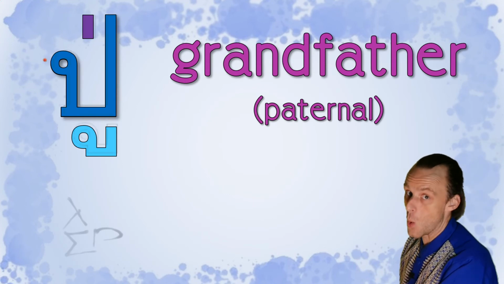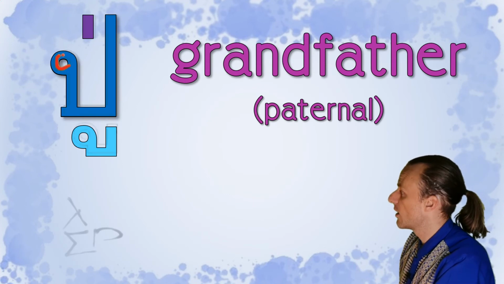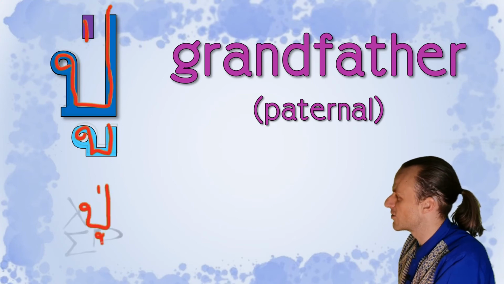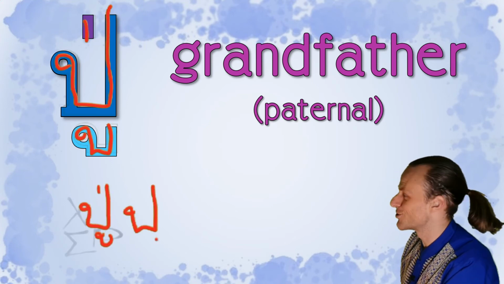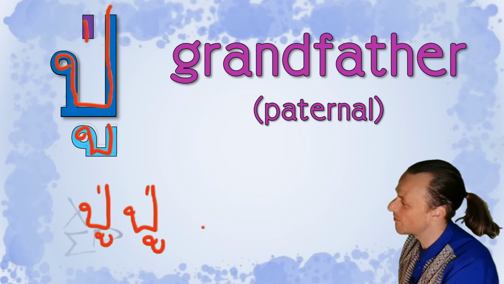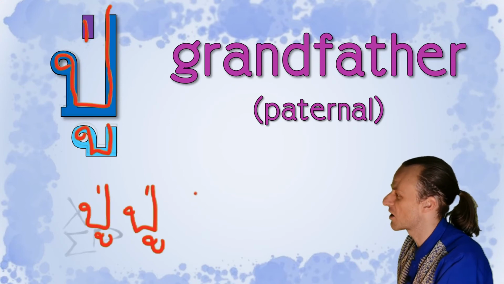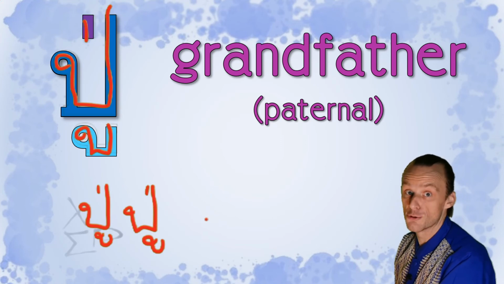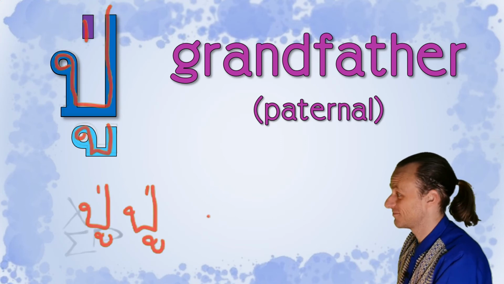So this is bu. And this means paternal grandfather, bu. And even if you aren't that good at listening to or making the tones, hopefully context will make this one clear, whether you're talking about bu, crab, or bu, grandfather.